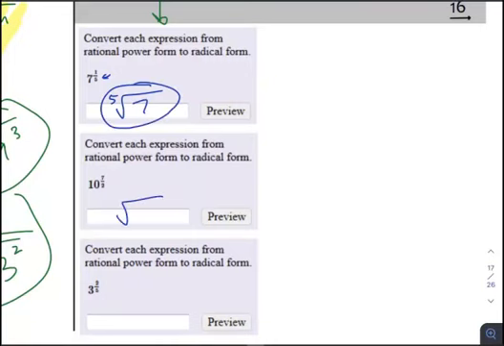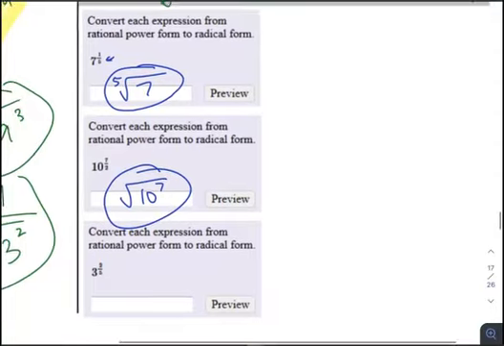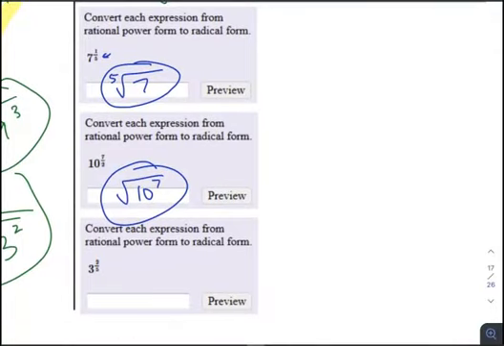My Open Math system will not recognize a 2 written in the index. Just leave it unwritten. I do have my base of 10 and my power 7. You don't need to simplify the radical. We're simply converting forms. And then finally, the last one here, set up my radical. My index is a 5, so 5th root, my base 3 to the power 2.